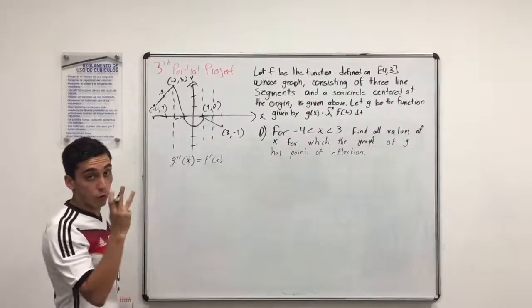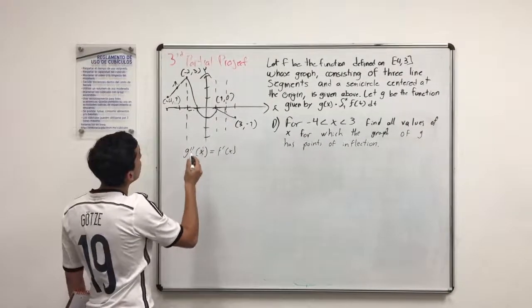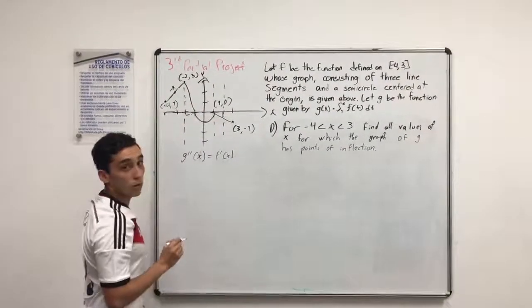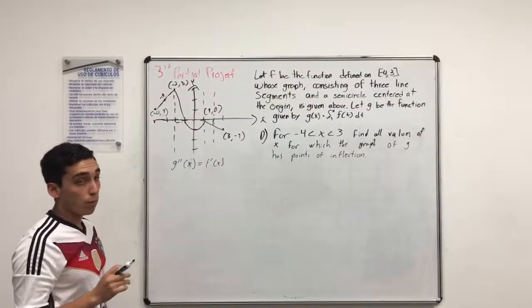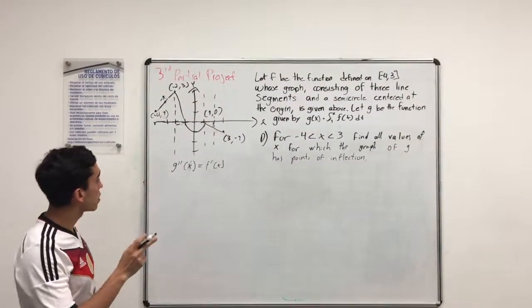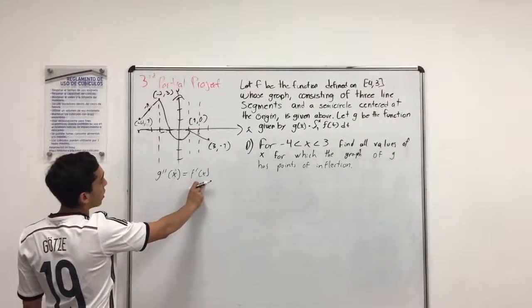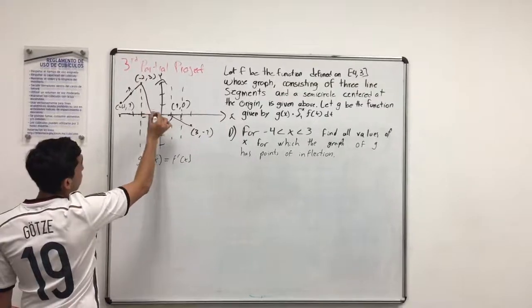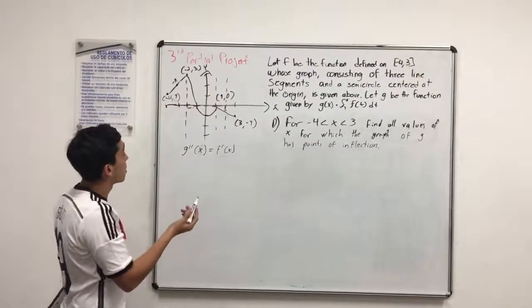This means we have 3 points: at x equal -2, at x equals 0, and at x equal 1. These 3 points satisfy the 2 conditions. The slope of the tangent line of f changes sign at these 3 points, and also its concavity changes.